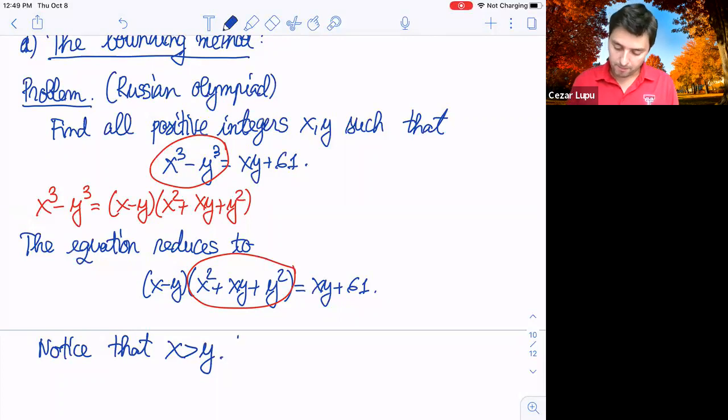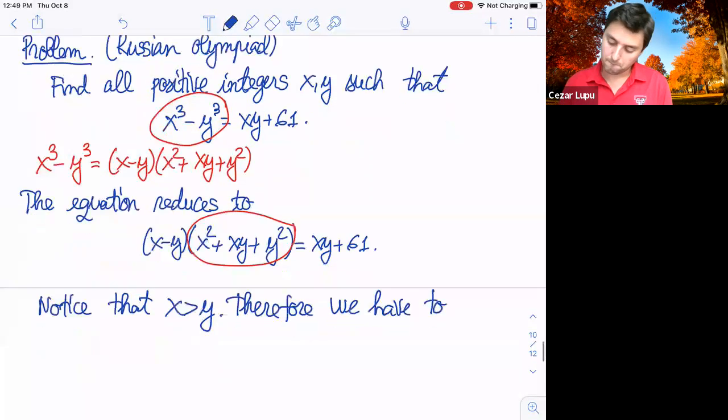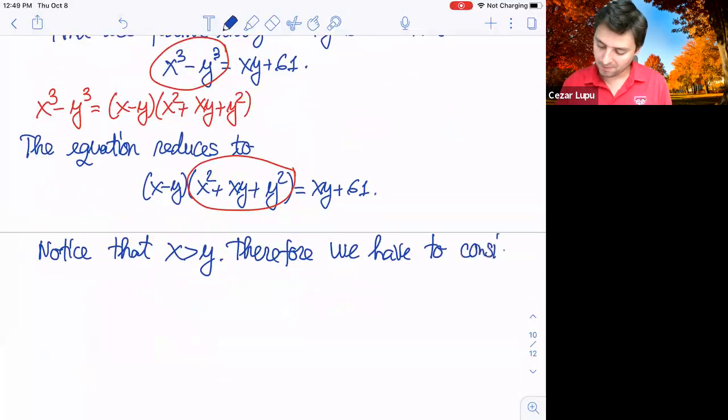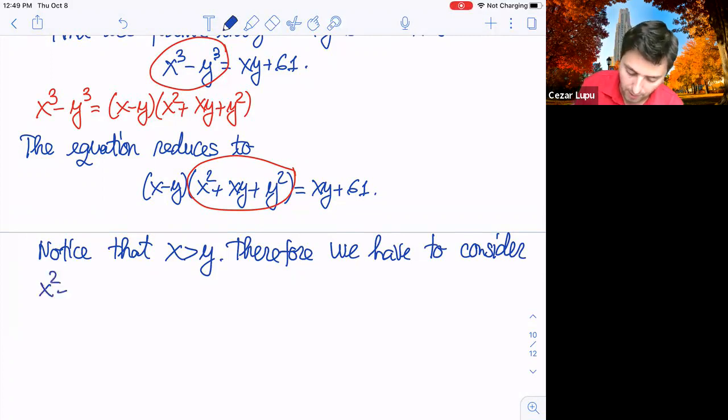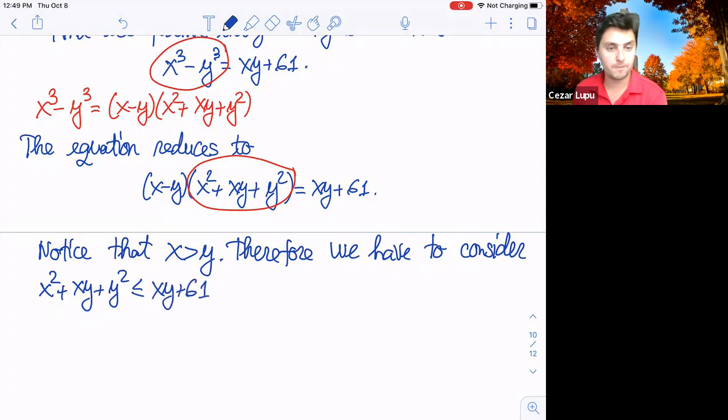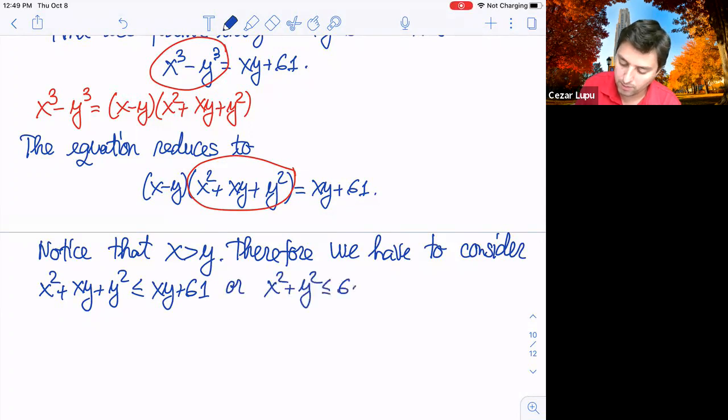Therefore, we have to consider that x squared plus xy plus y squared is less or equal than xy plus 61, or x squared plus y squared is less or equal than 61.